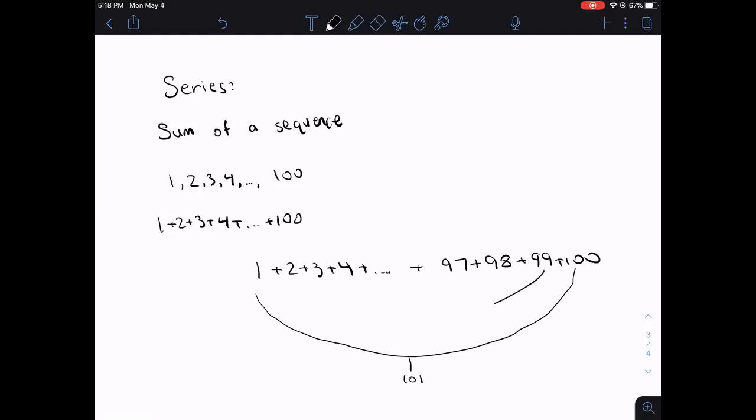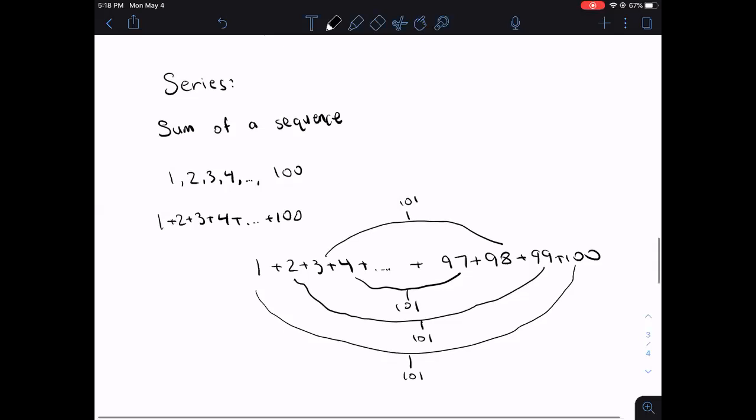Now 99 plus 2 is also 101. So is 3 plus 98. And so is 4 plus 97. So we notice that if we pair the beginning and the end, every two numbers create 101.